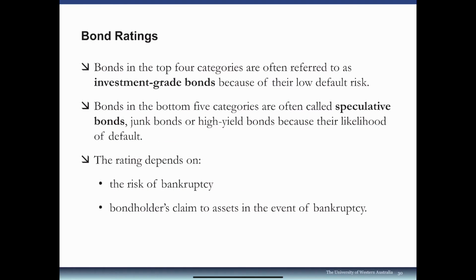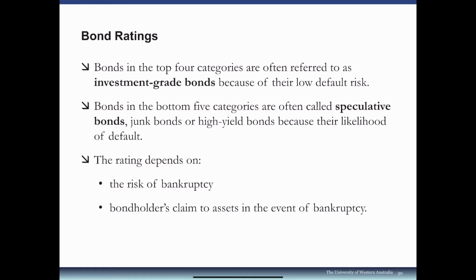And bonds have different ways to classify each category of the bond ratings, but we usually decompose them into two categories. The first one is investment grade bonds, and the second is speculative bonds, also known as junk bonds, because of the likelihood of default.